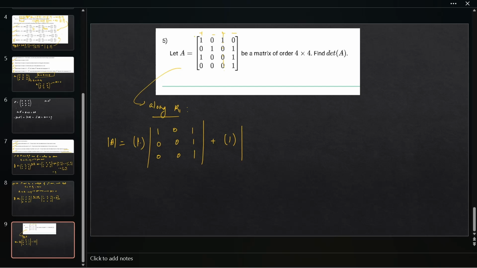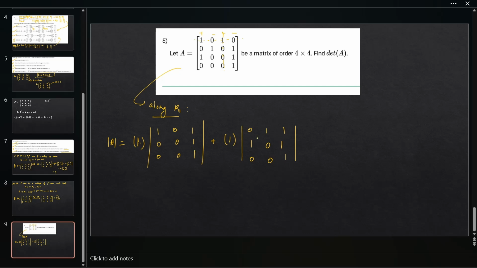To obtain the matrix, I just eliminate this row and this column. So I'm getting 0, 1, 1, 1, 0, 1, and then 0, 0, 1.